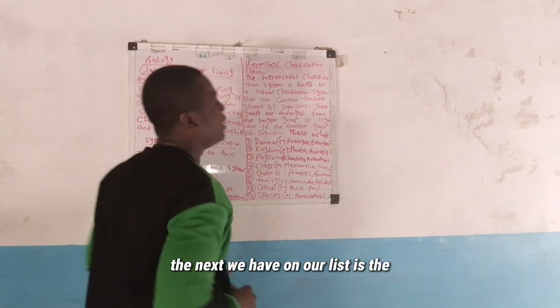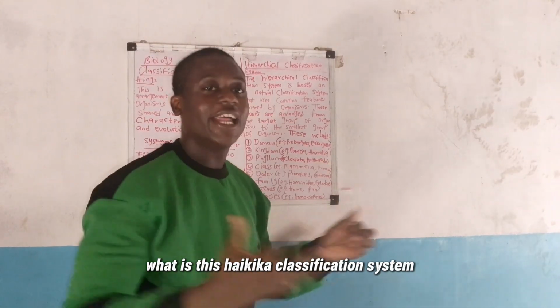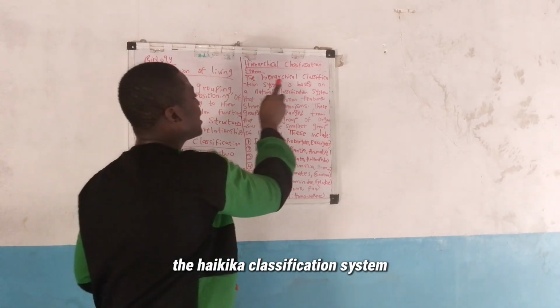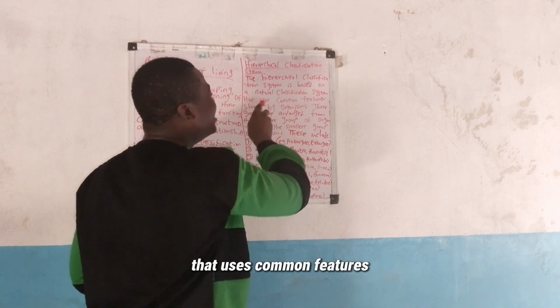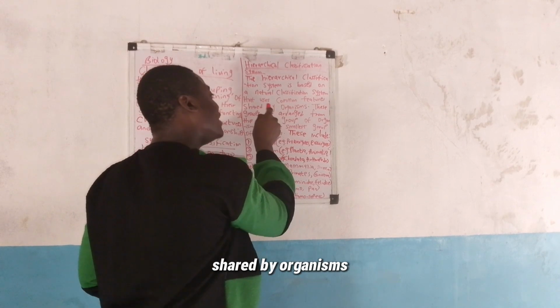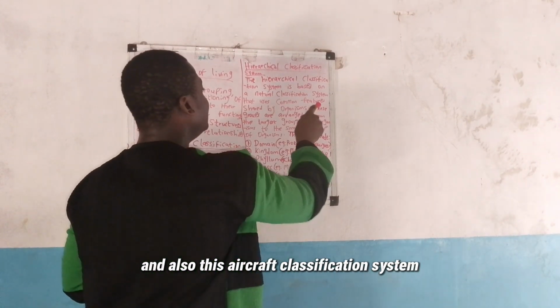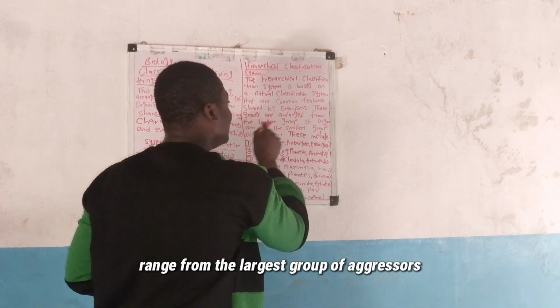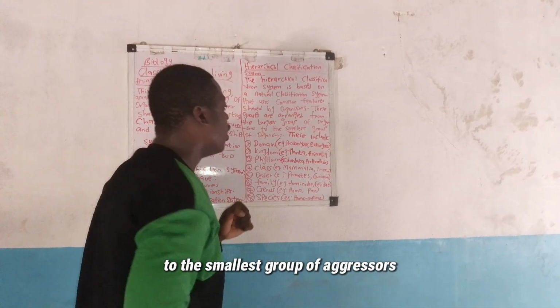Now, the next we have on our list is the hierarchical classification system. What is this hierarchical classification system? The hierarchical classification system is based on a natural classification system that uses common features shared by organisms. And also in this hierarchical classification system, the groups range from the largest group of organisms to the smallest group of organisms.